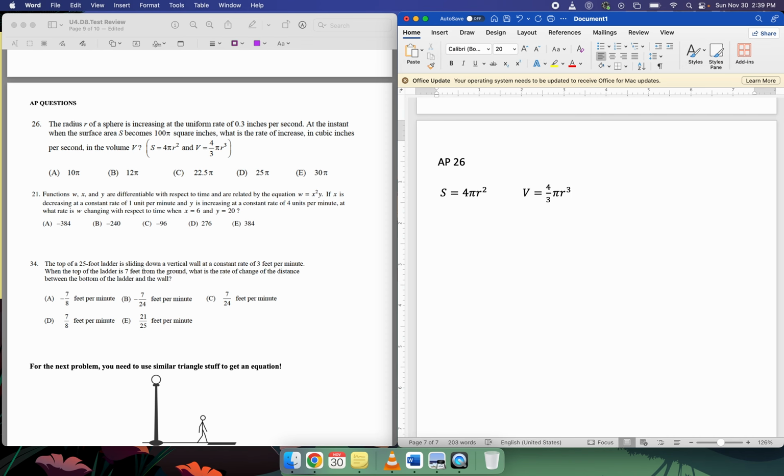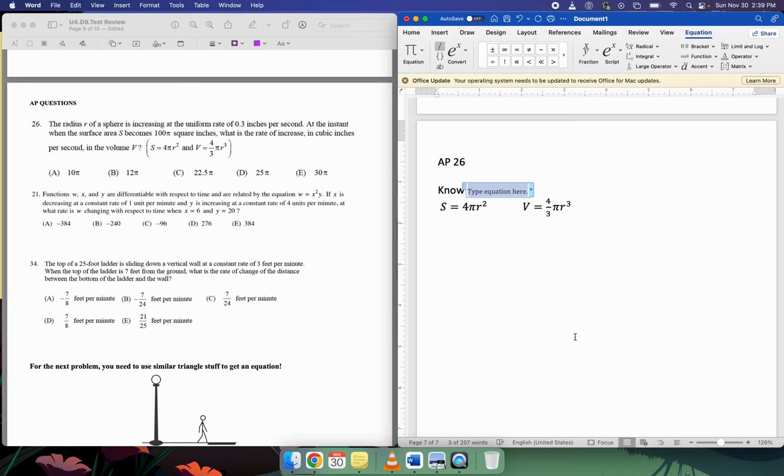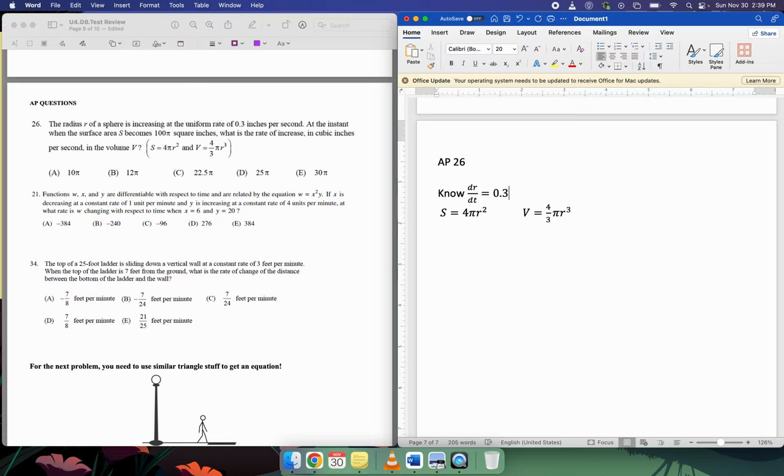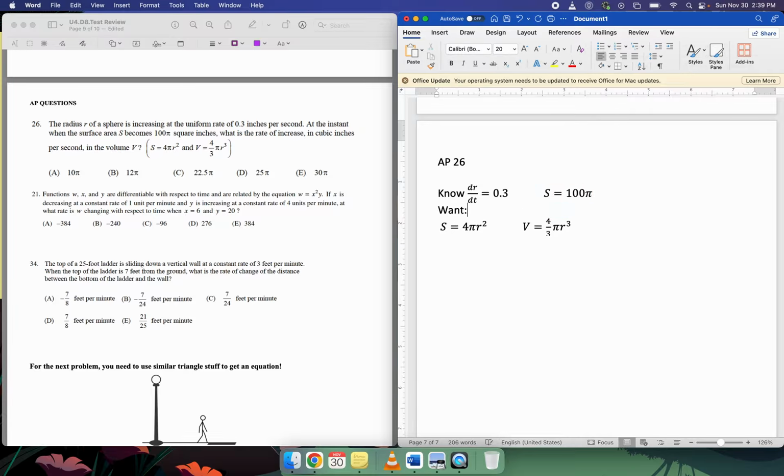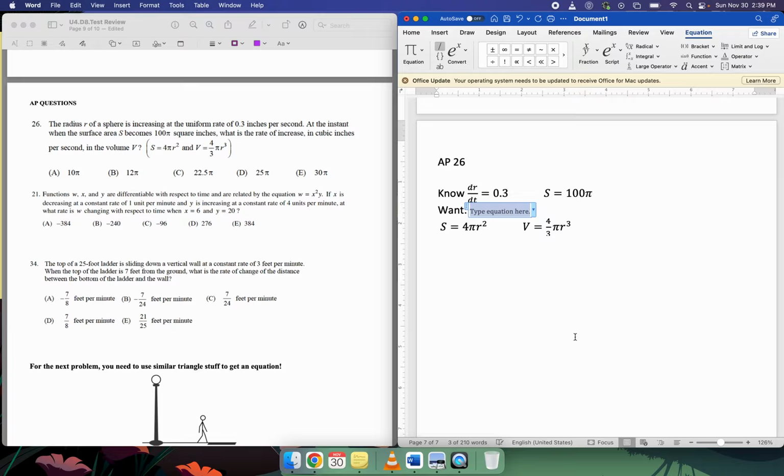I guess we're going to need both of them. So what do we know? We know that the radius is increasing by 0.3 inches per second. So I think dr/dt is 0.3. Also, at this moment, the surface area, which they're calling S, is 100 pi. That's all we know. And what we want is the rate of increase in the volume. So we want dV/dt.